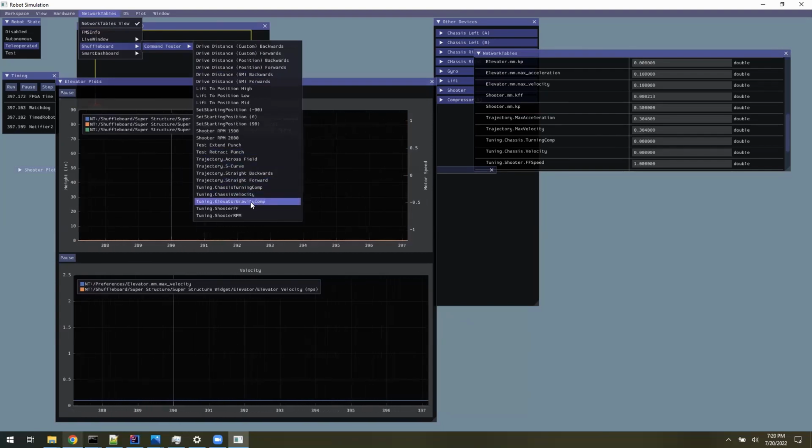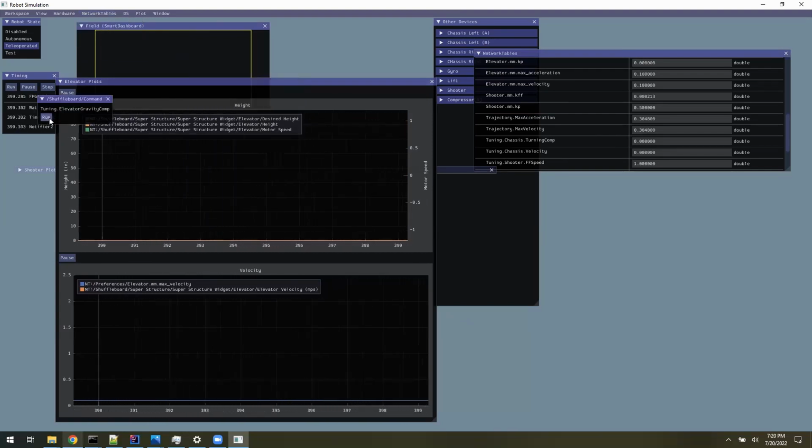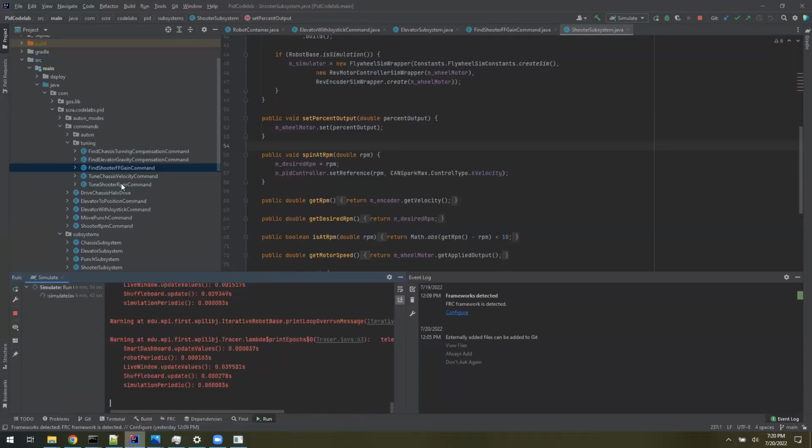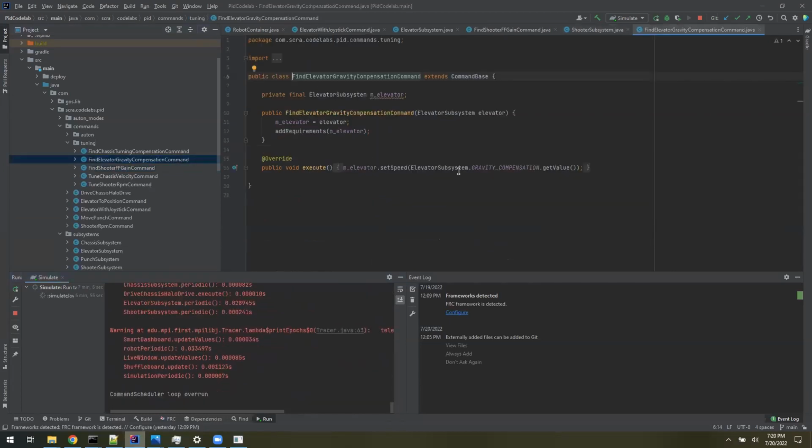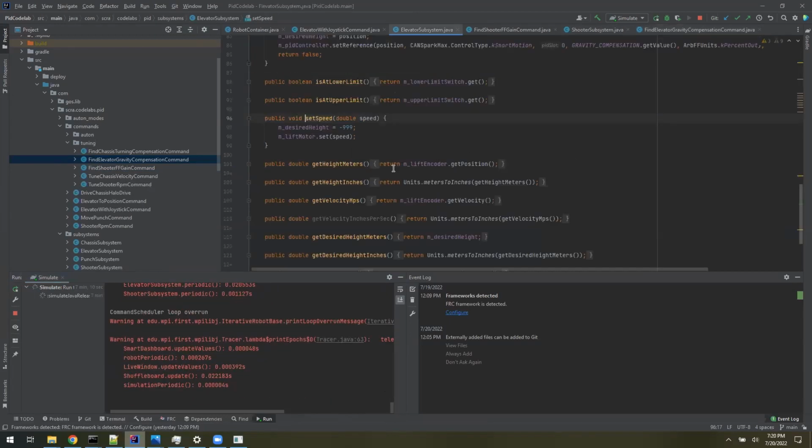So luckily, I made a tuning gravity compensation command. I would prefer if you yell stuff out than me waiting on the chat. Similarly, we're just going to be setting a raw speed here. We'll tell the elevator to use the same thing we would do with a joystick, setting the motor speed.